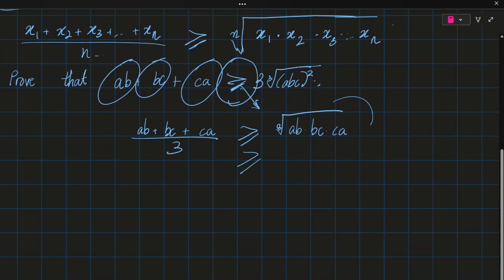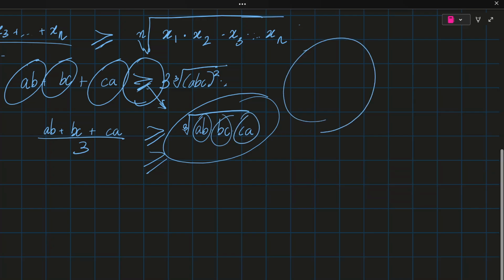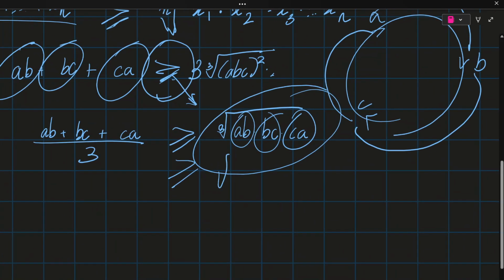And notice that this is a cyclic product, which means it's just cycling around AB, BC, CA. It's like a little cycle, right? From A to B to C. AB, BC, CA. Voila. So we will have 2 A's, 2 B's, 2 C's, so a squared, b squared, c squared.